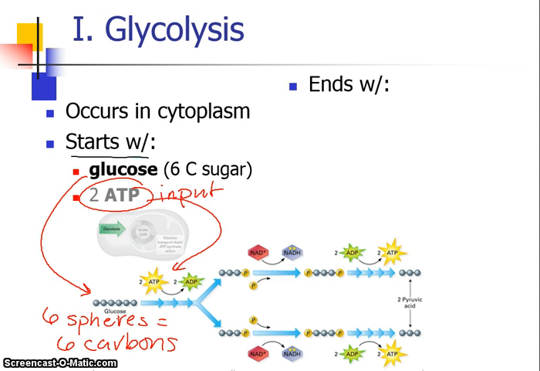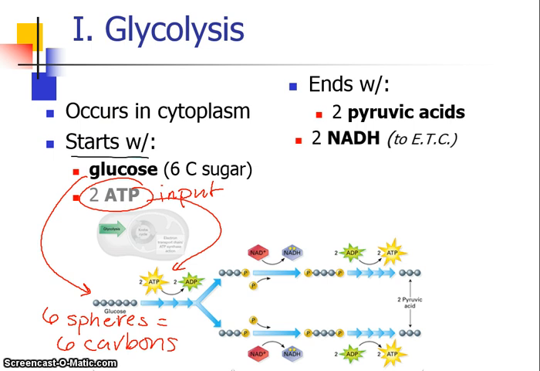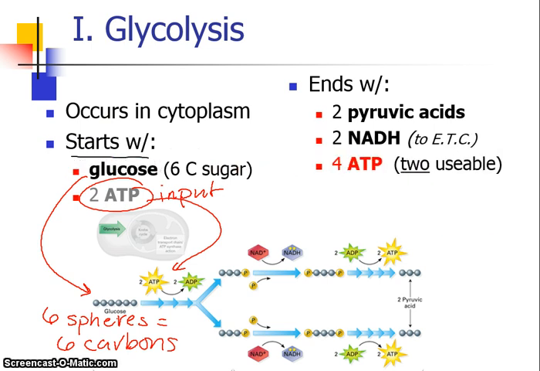Then through a series of chemical rearrangements, we're going to capture some electrons. And as we rearrange things, we're going to end up with what we call pyruvic acid. So the electrons will be picked up by the electron carriers in the form of NADH.